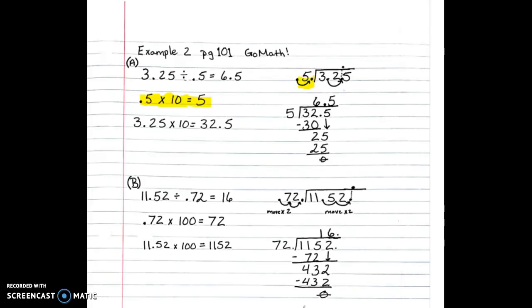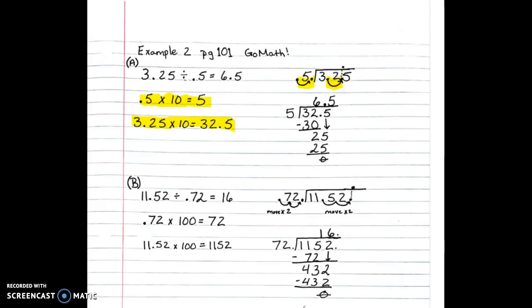So then we multiply our dividend by the exact same power of 10, which in this case was just 10, and it gives us 32.5. That is the same thing as moving our decimal one time to the right. And now we divide. So if you look down below, I've already moved my decimals to make my divisor a whole number. And I have 32 5/10 divided by 5.